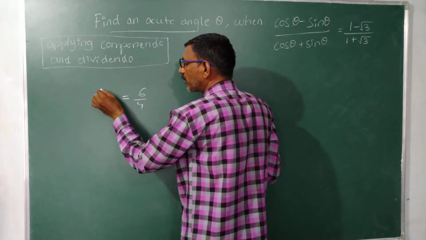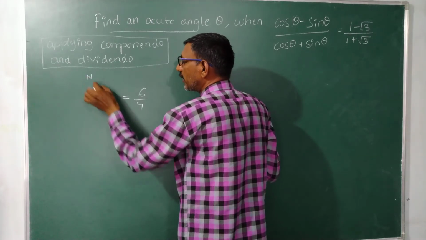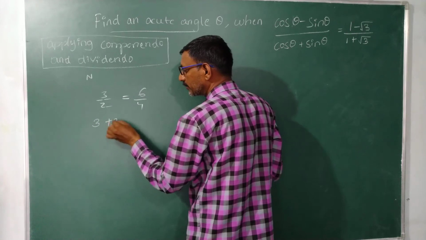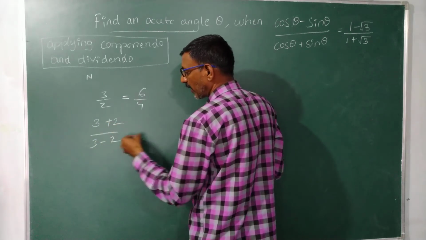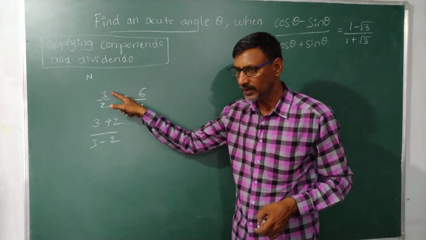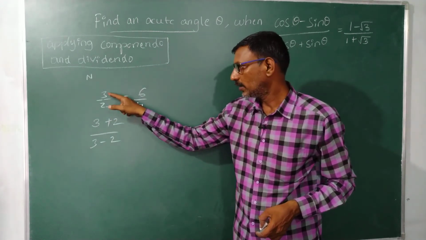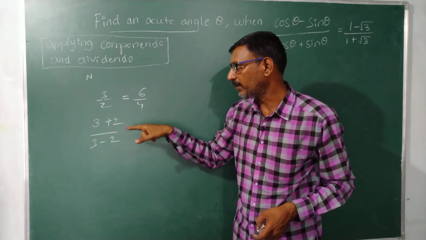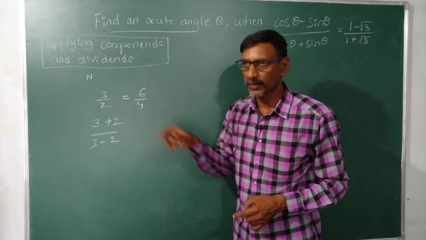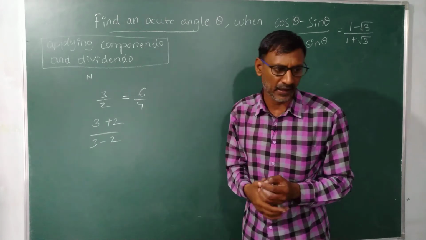I would like to take a numerator. I will add the denominator to the numerator, and at the same time, I will subtract the denominator from the numerator, and I will take the ratio again.